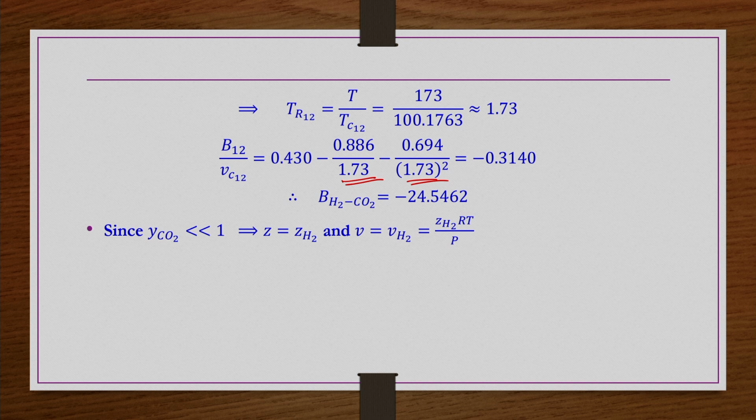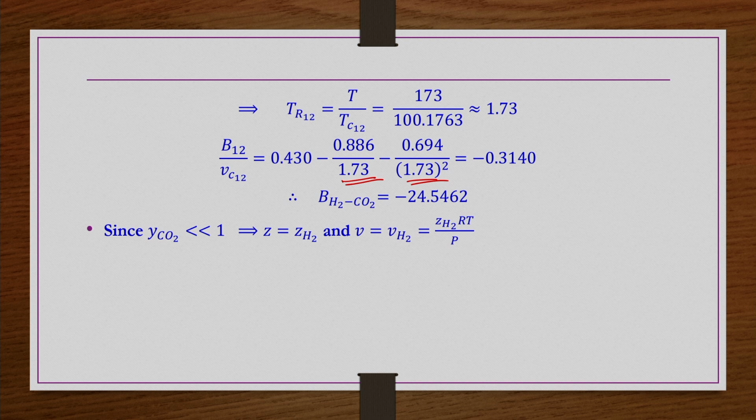So, you have all the information, and in the mixture this CO2 is present in a very small amount, only 1 mole percent, right. So, we can say that whatever the mixture is, it is almost pure H2. If you take that logic, then Z mixture is nothing but ZH2, and V mixture is nothing but VH2, because these two we need in order to find ln phi CO2 V. That expression needs V mixture and Z mixture also.